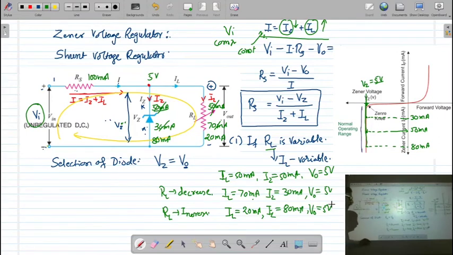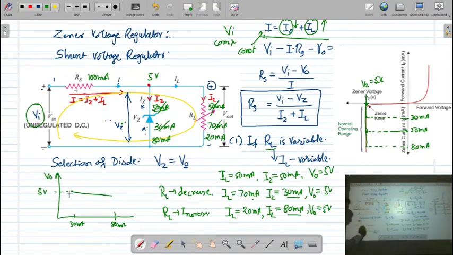So here you can see I am changing my Zener current from 30 milliampere to 80 milliampere, and the output voltage is almost constant at 5 volt.